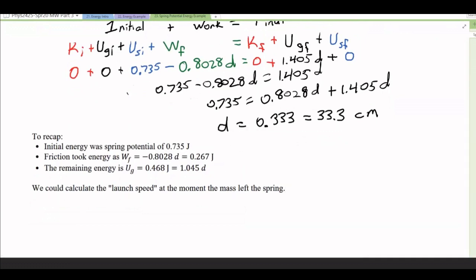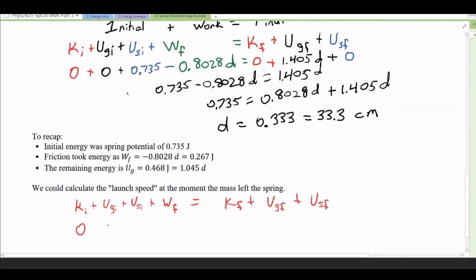We would do K initial plus UG initial plus US initial plus work final is equal to K final plus UG final plus U spring final. And this is 0. We could consider that to be 0. This is our 0.735.